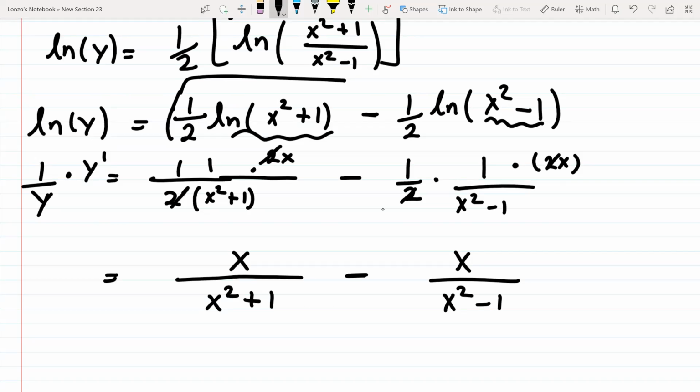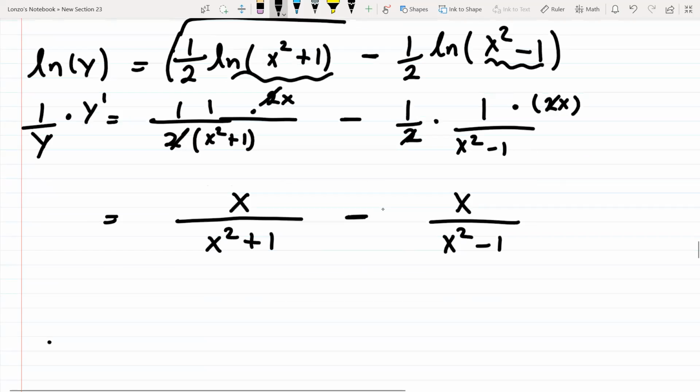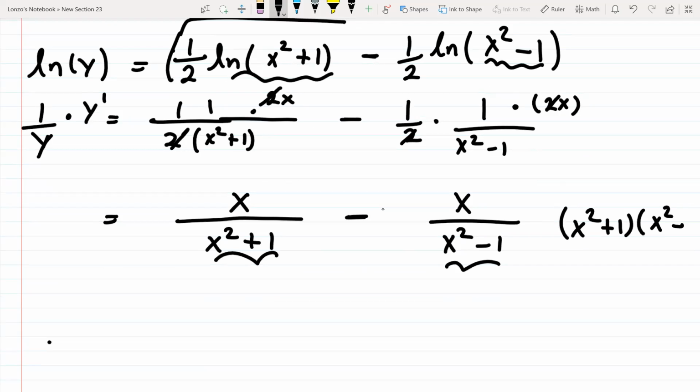Wait, these do not simply cancel, because what do you have to do when you're subtracting fractions? You need a common denominator. We have x squared plus 1 here and x squared minus 1 there, so the common denominator would be x squared plus 1 times x squared minus 1.